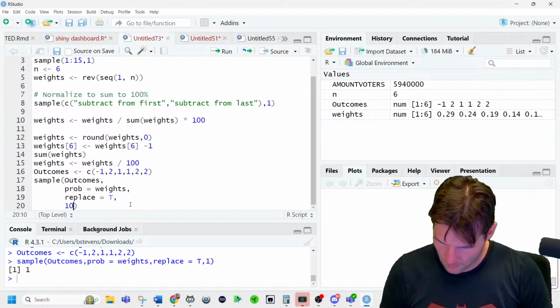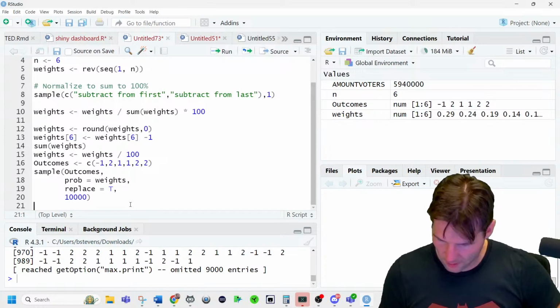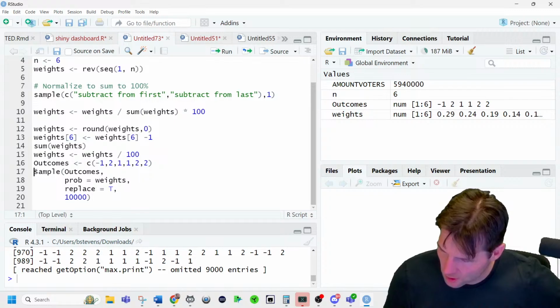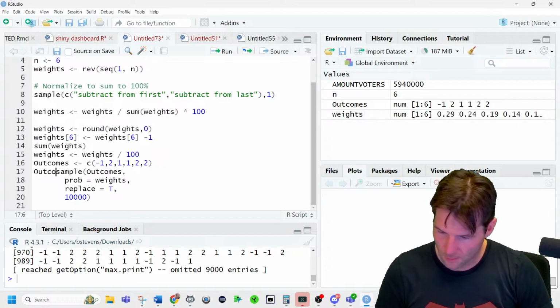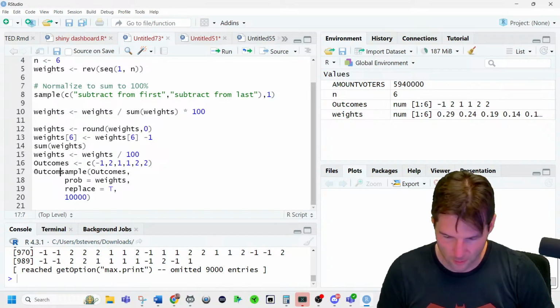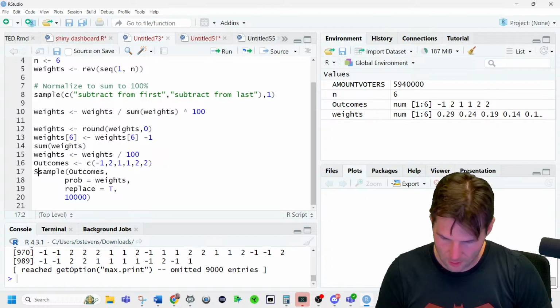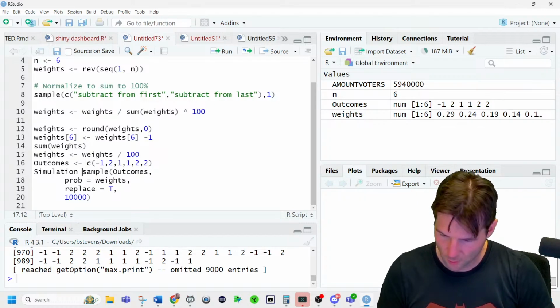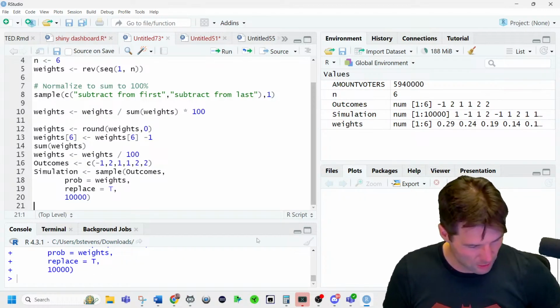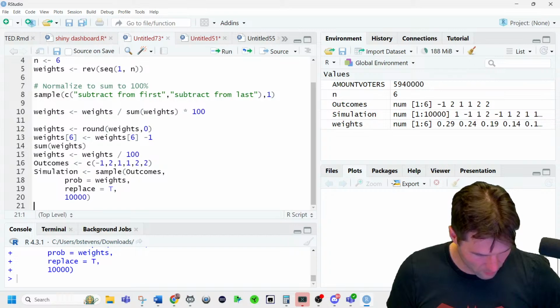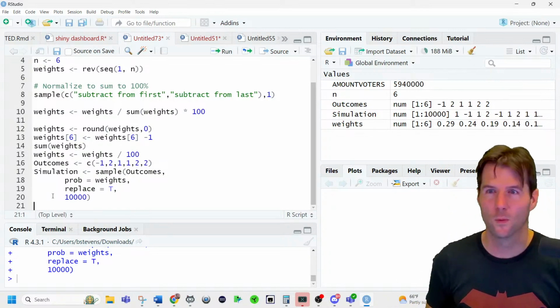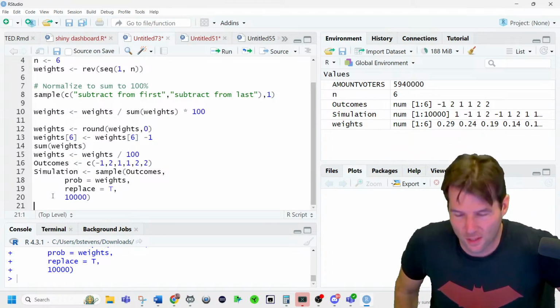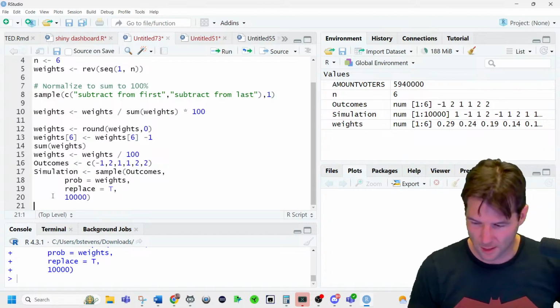And 10,000 simulations. There's the 10,000 simulations. We're going to do this: simulation. There's the simulation. Once again, we could be doing this with more, like weighting each poll based on how good it is, weighting it on time series.